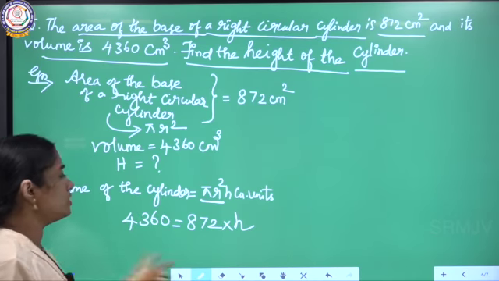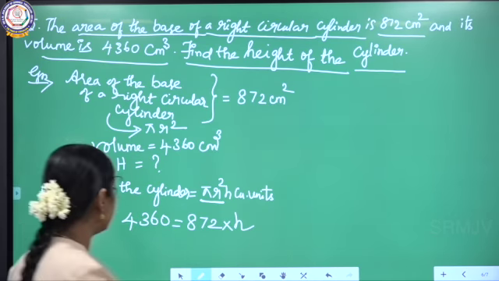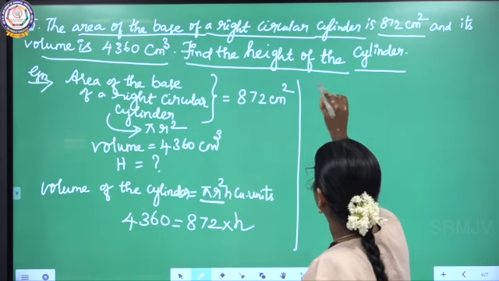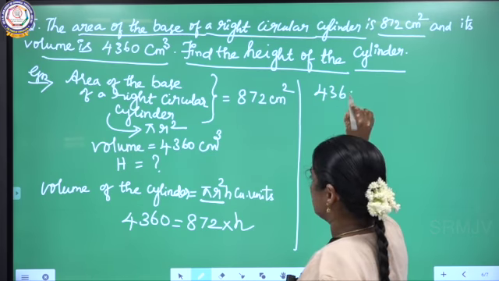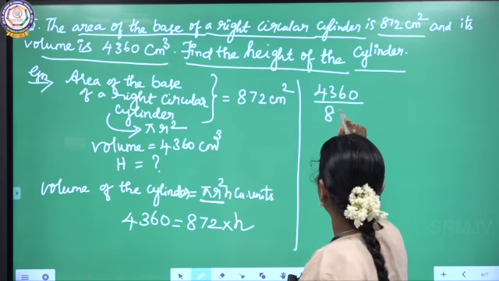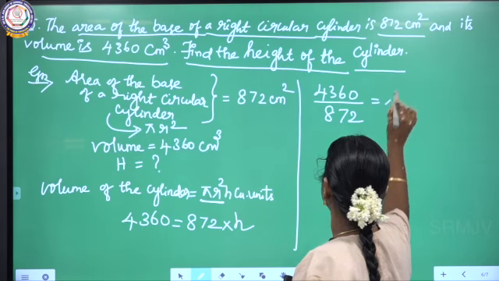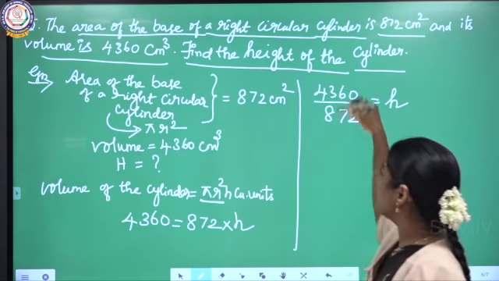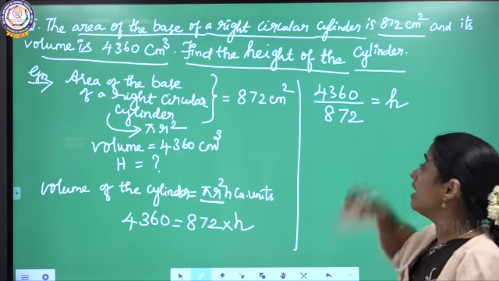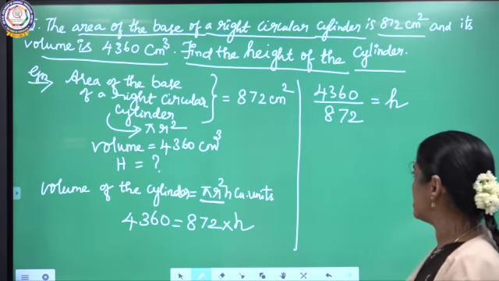Now I am going to simplify this. Can you clear this? 4360 divided by 872, which is what your height. Once if I divide this, I can get the height.